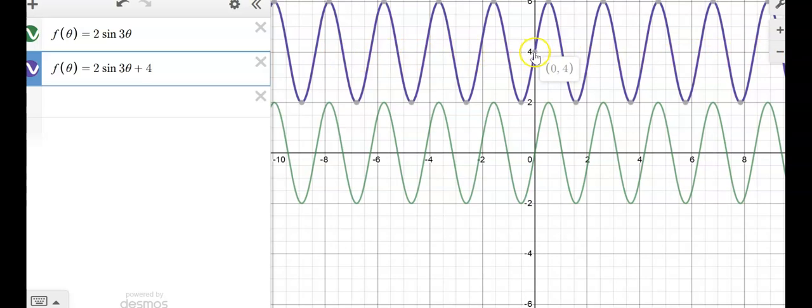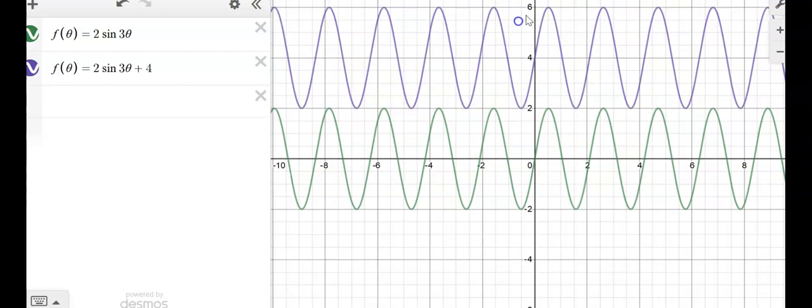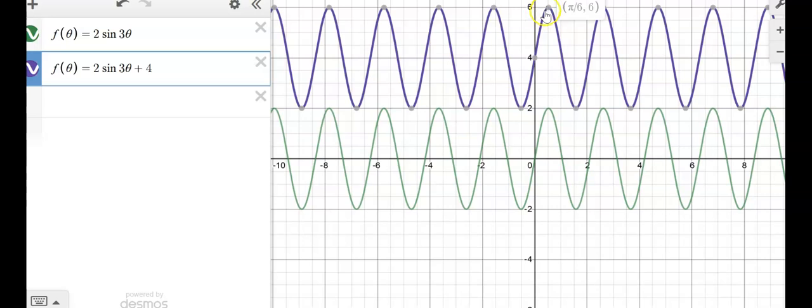Midline means the line across which the function will do its oscillation. So from 4, it will go 2 units up until 6, and 2 units down to 2, because the amplitude is 2.